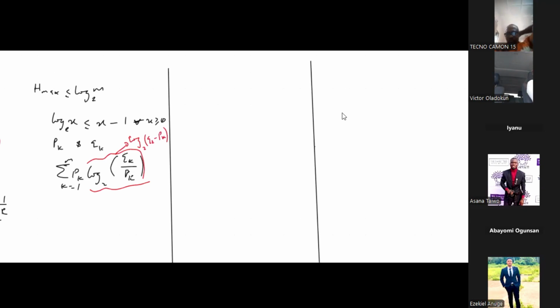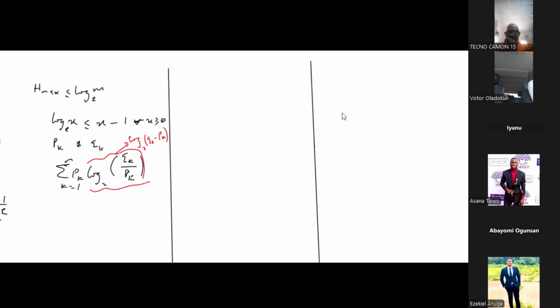Your regular laws of logarithm, isn't it? So this, yeah, this minus this. So literally, we are describing the difference between these two distributions, having these two distributions.